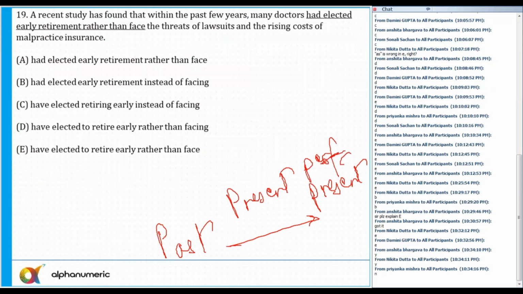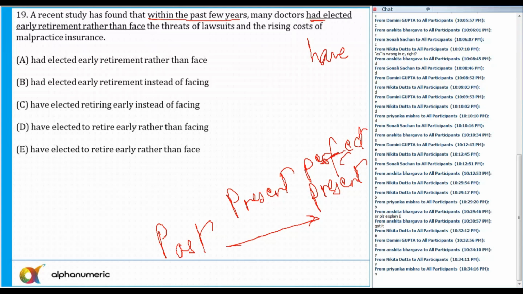Because within the past few years, a recent study has found that within the past few years, many doctors had elected, not possible, have elected should be used. Had is past perfect, which is not possible.